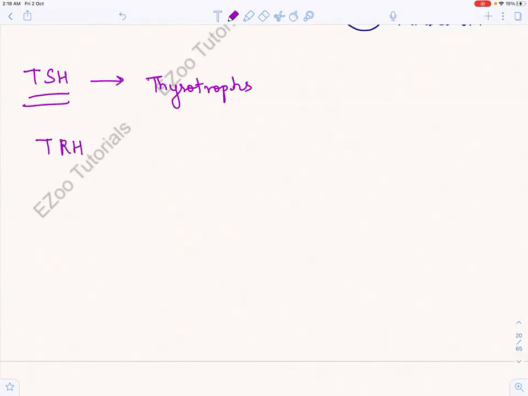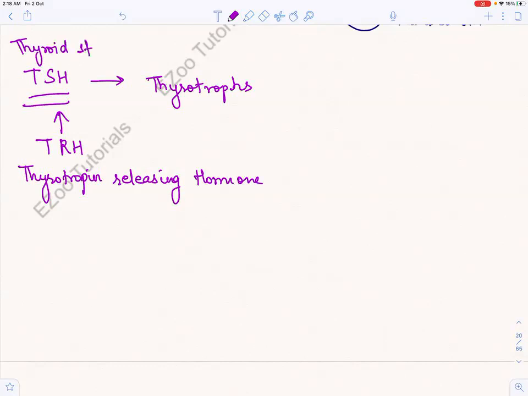Thyroid releasing hormone stimulates the production of thyroid stimulating hormone. This is what? This is thyrotropin releasing hormone. And what is TSH? TSH is thyroid stimulating hormone, right? So TRH is stimulating the TSH.